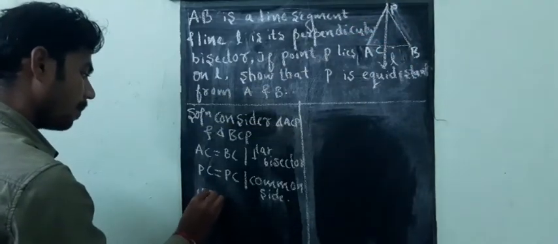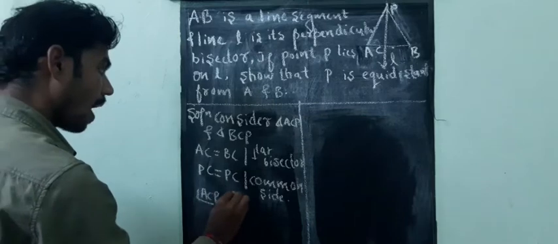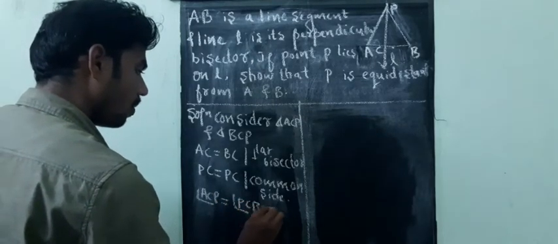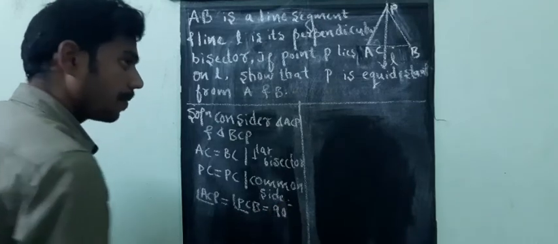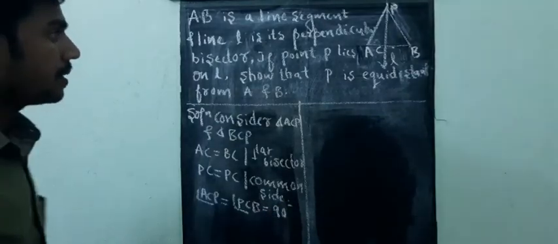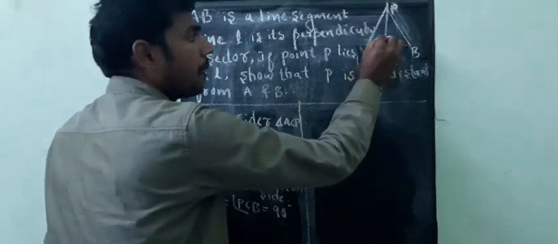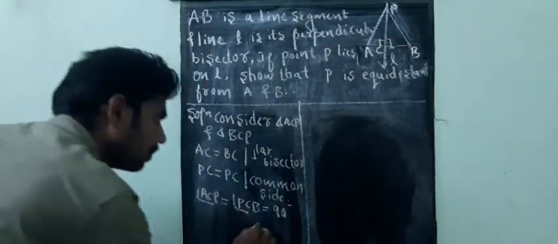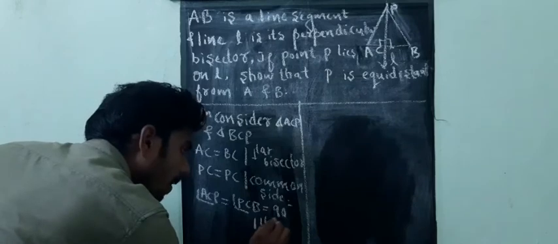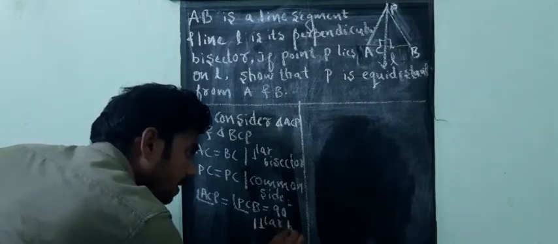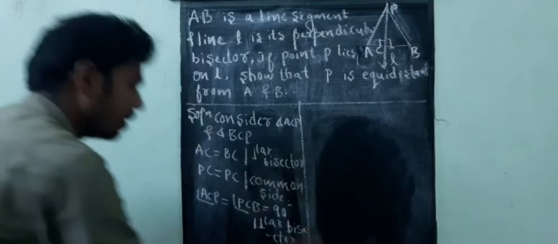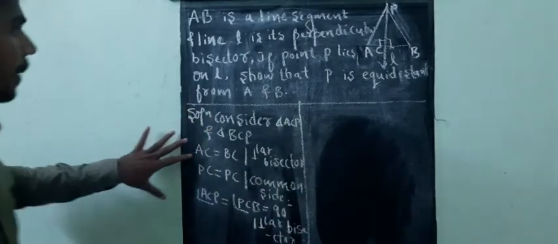Angle ACP is equal to angle PCB is equal to 90 degrees. Why? Because it's a perpendicular bisector. Perpendicular means 90 degrees, because of perpendicular bisector. Please note this down.